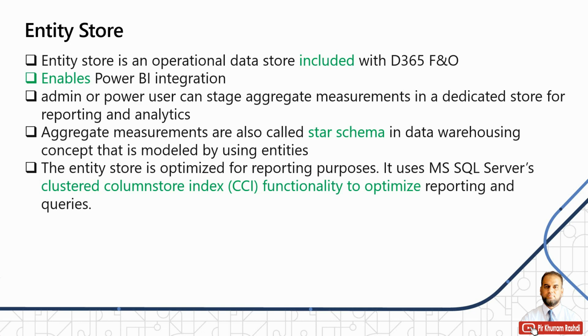So entity store is using the MS SQL feature called clustered column store index, CCI in abbreviated form, to optimize the reporting and queries. As you know, if you query from a normal OLTP, you need to make so many joins within your query or views. So those joins will definitely add up the overhead while you are querying that database.